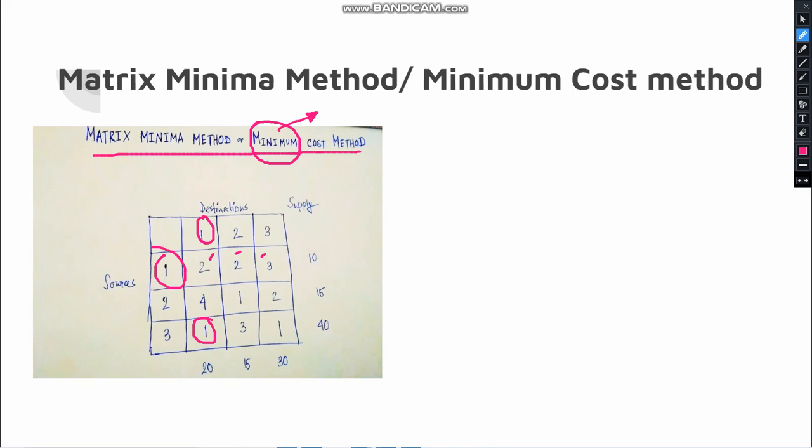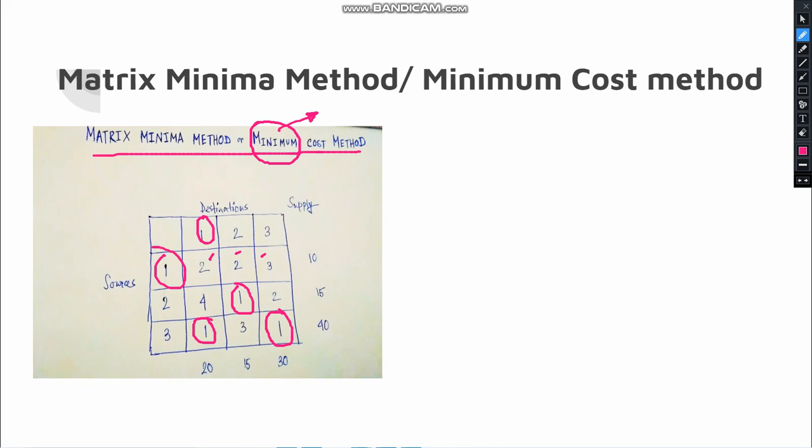Now you can easily find that there are three ones. So you must be confused about where to allocate between these three ones. Don't worry, you can allocate wherever you want, but you must have common sense.